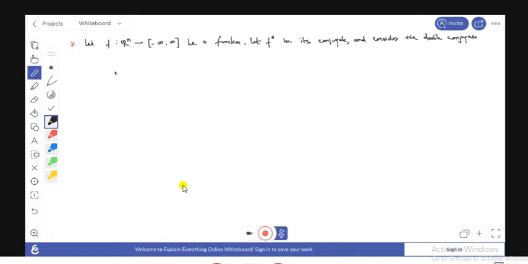The double conjugate function is f star star.